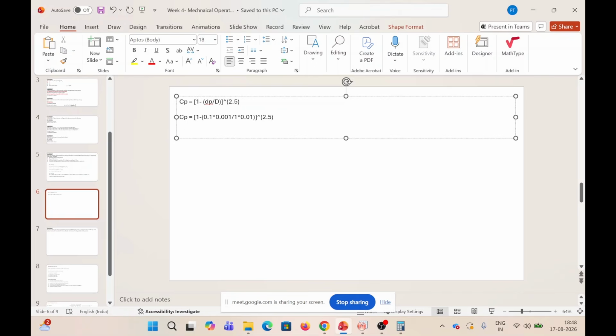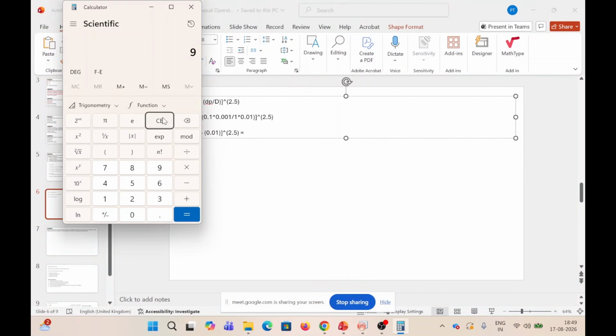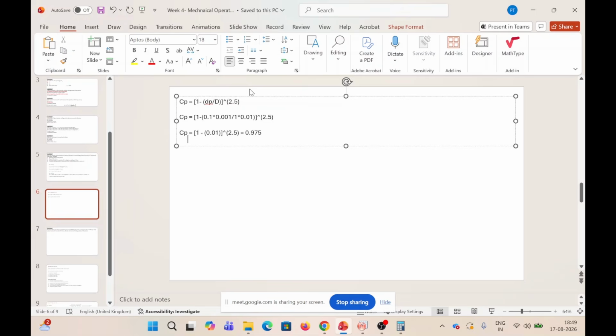So Cp, now the settling velocity is nothing but Vt times this Cp.